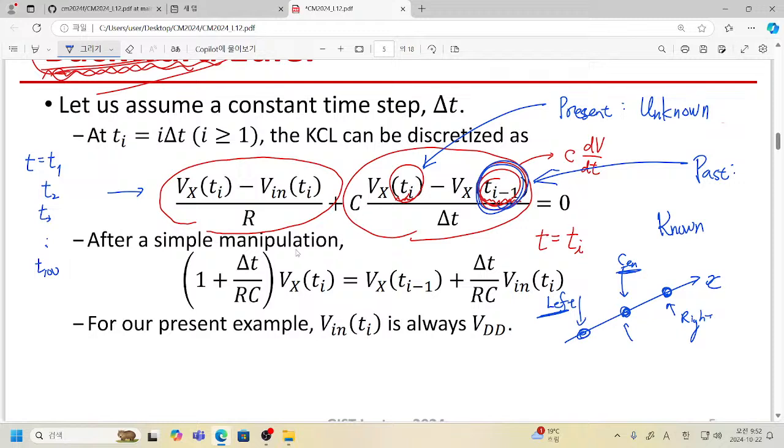We can just solve the first 1 second, the next 1 second, another 1 second, in that way.